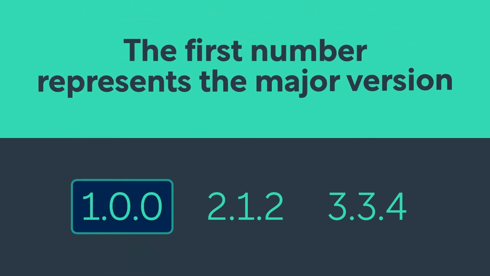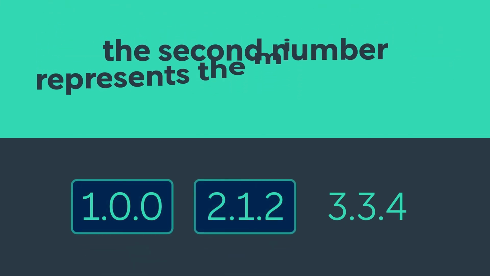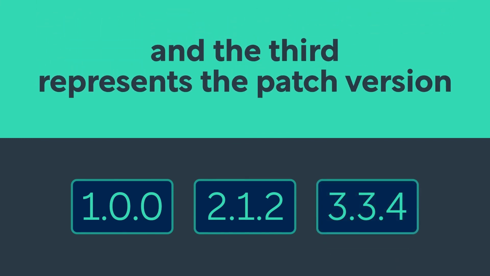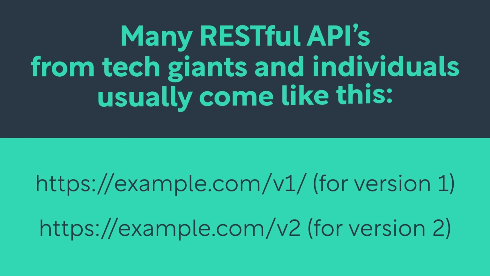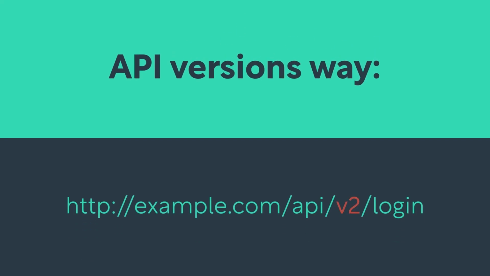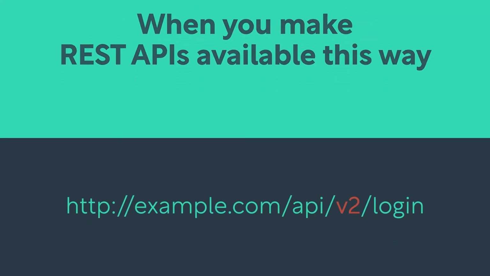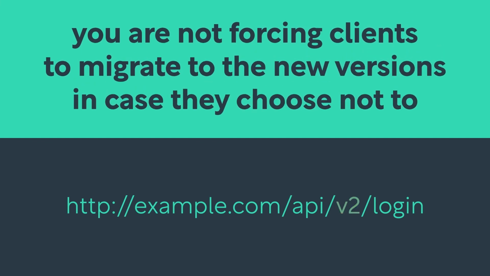The first number represents the major version, the second number represents the minor version, and the third represents the patch version. Many RESTful APIs from tech giants and individuals usually come like this. API versions way. When you make REST APIs available this way, you are not forcing clients to migrate to the new versions in case they choose not to.